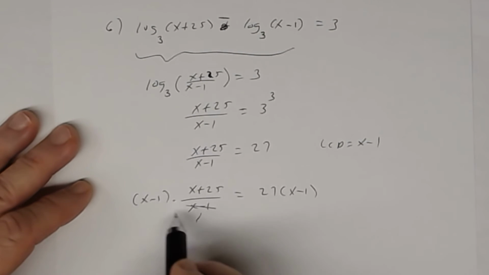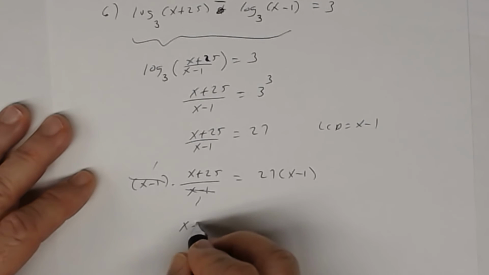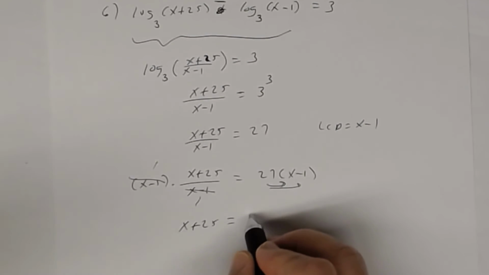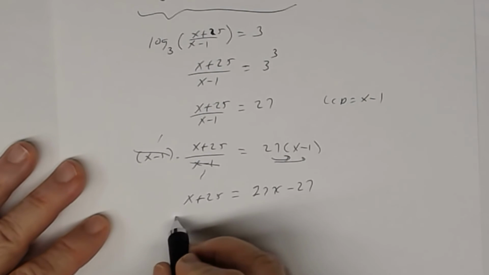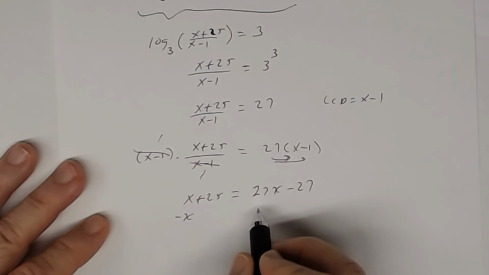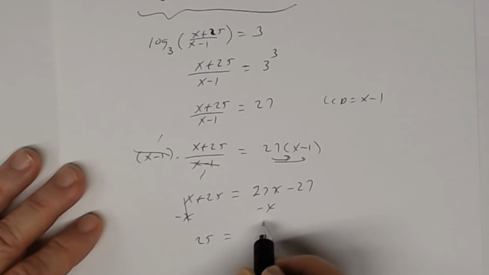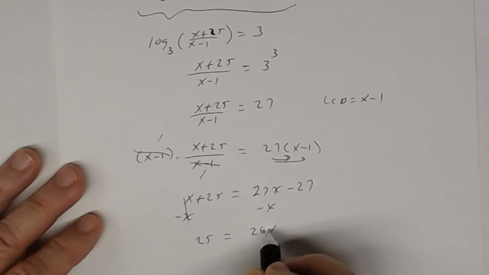So these x minus 1s divide out. You get 1 times x plus 25, which is x plus 25, equals, and then distributing the 27, I get 27x minus 27. Subtracting x from both sides, I get 25 equals 26x minus 27.